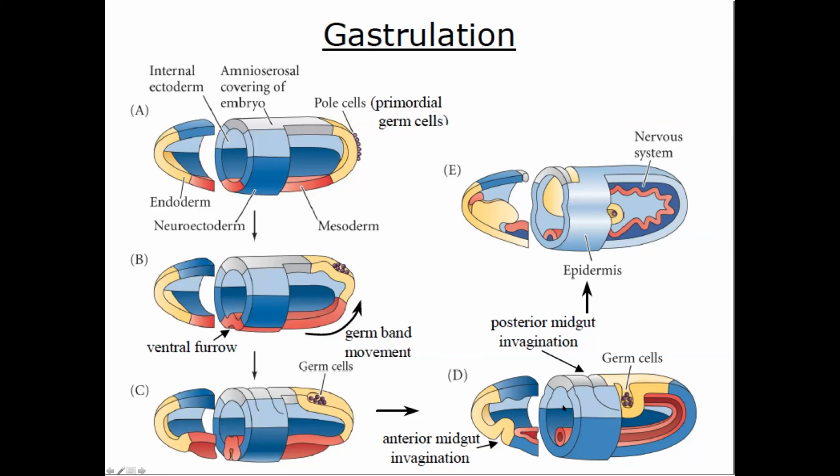The embryo is confined within its shell. So it extends, and the extension places the primordial germ cells inside. Formation of the hindgut, midgut happens, the gut gets specified, and then following this, the germ band will retract. We'll come to that in a bit.